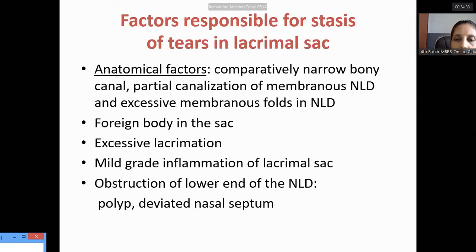There can be a polyp due to the obstruction at the lower end, and there can be a deviated nasal septum. Due to the neighboring structures also, there can be mild grade of inflammation of the lacrimal sac.